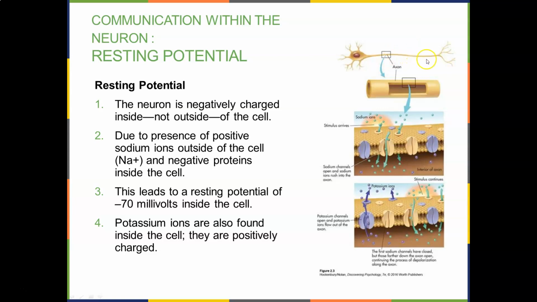While the neuron is at rest, before it fires, that's called resting potential. In the resting potential, the neuron is negatively charged inside the cell.